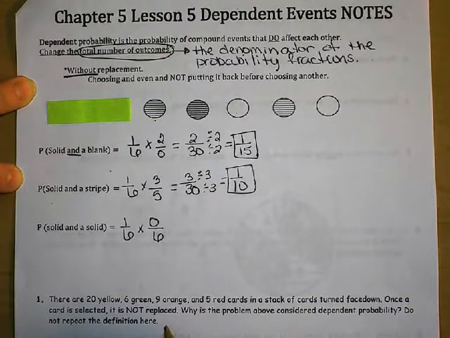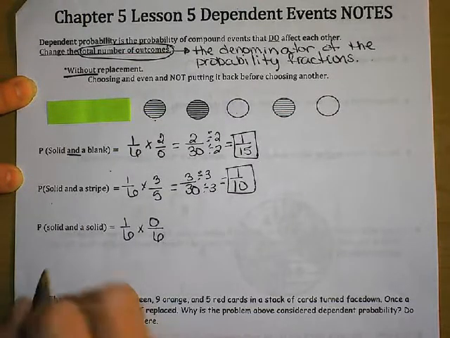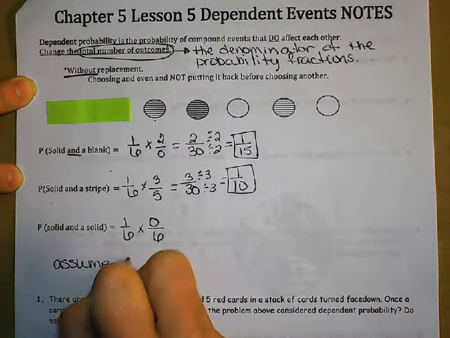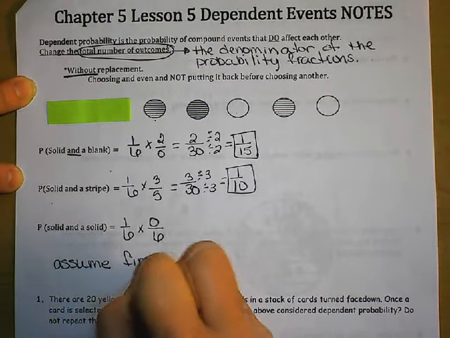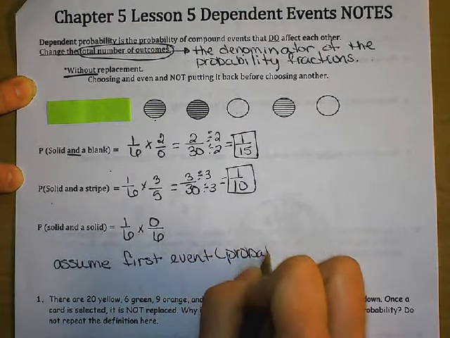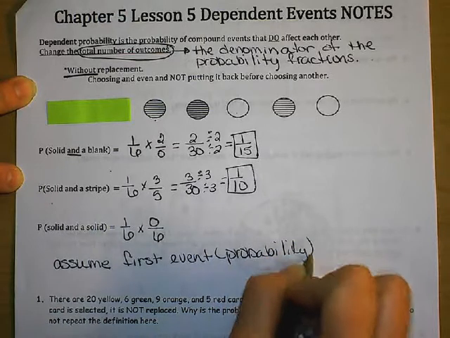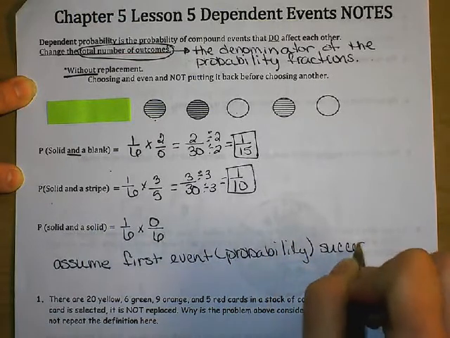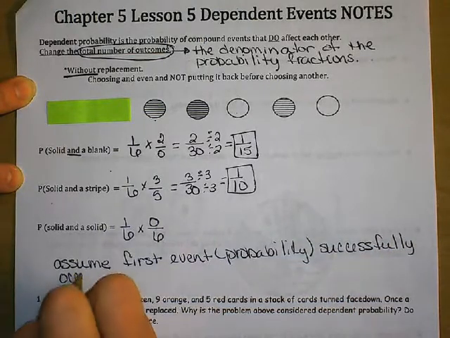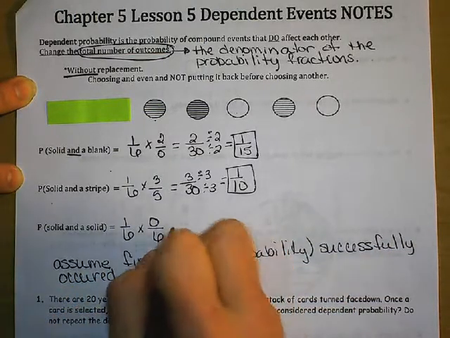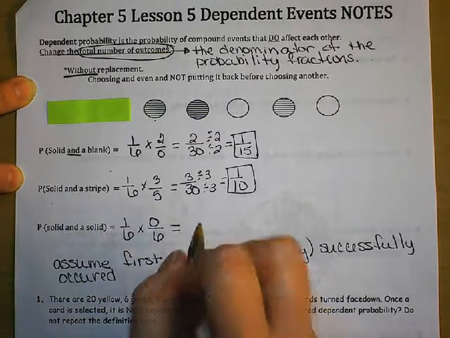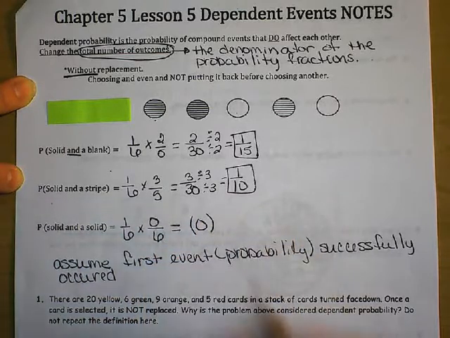Again, you assume the first event occurs successfully. And you are correct. The probability of getting a solid and a solid is 0.